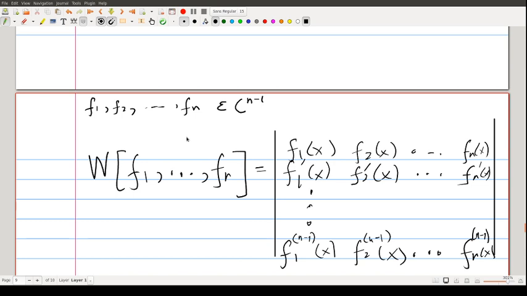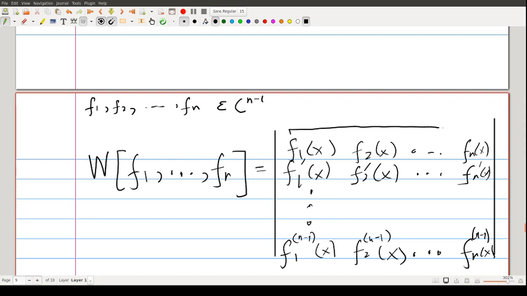What have we done? We've taken all of these functions and written them down as columns. In the first row we just write the functions as they are. In the second row we differentiate them once, so f1 prime of x, f2 prime of x up until fn prime of x. And we keep doing that, differentiating all of these functions n minus 1 times.